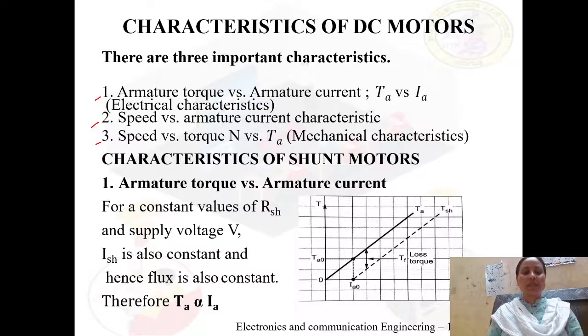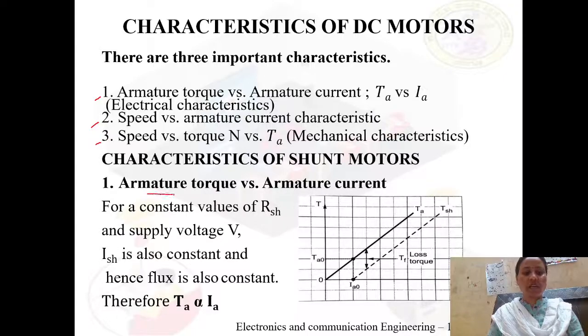The first characteristic, armature torque versus armature current, is a graph of armature torque versus armature current, the second characteristic will be a graph of speed versus armature current, and the third characteristic will be represented as a graph of speed versus armature torque.